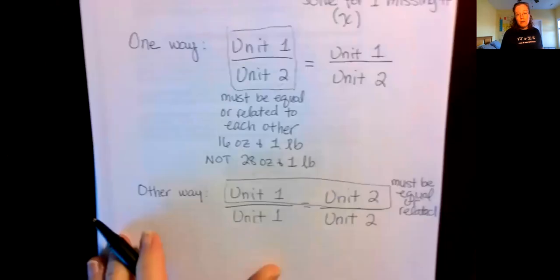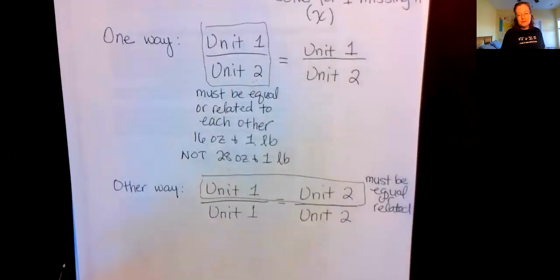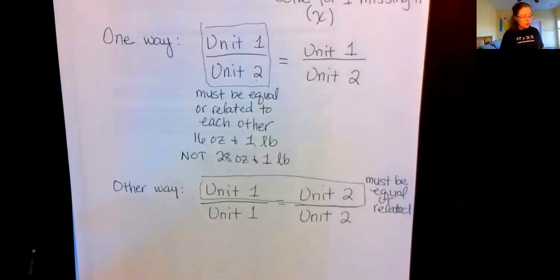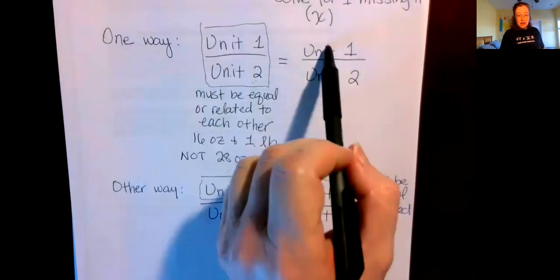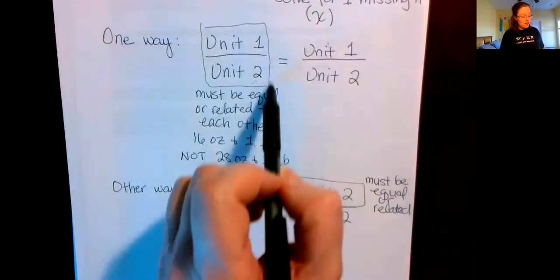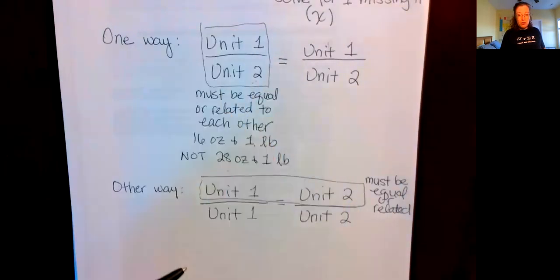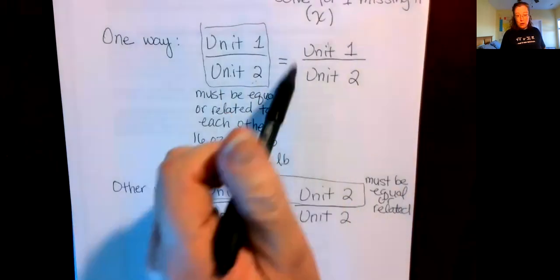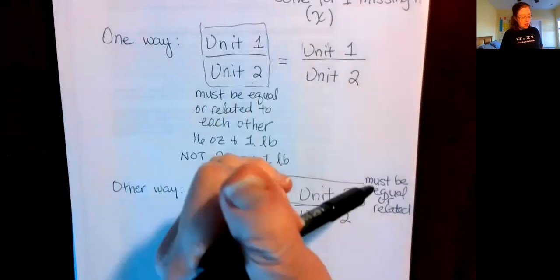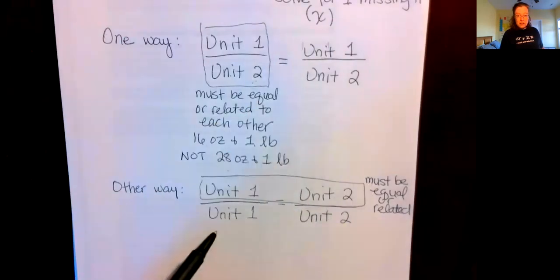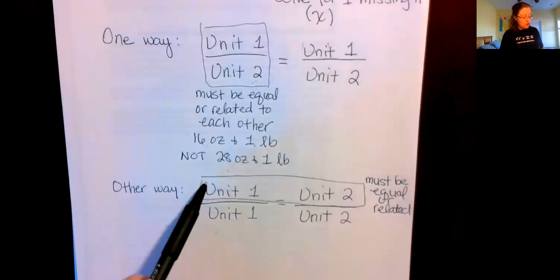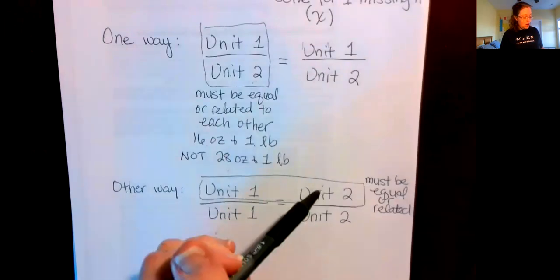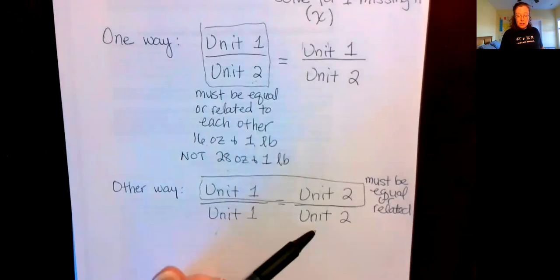You can pick whichever method you prefer. Sometimes I do it differently depending on my mood, but if I'm going to keep the same unit on both sides on top, then I make sure the numbers in the fraction on the left are equivalent and the ones on the right are equivalent to each other. If I decide to do it in this format, then I make sure the 2 on top are related to each other and the 2 on bottom are related to each other.